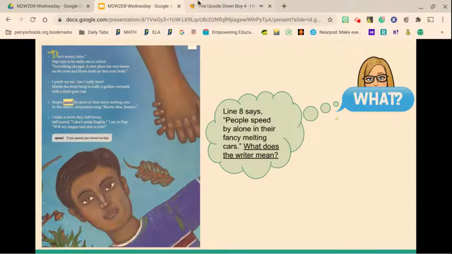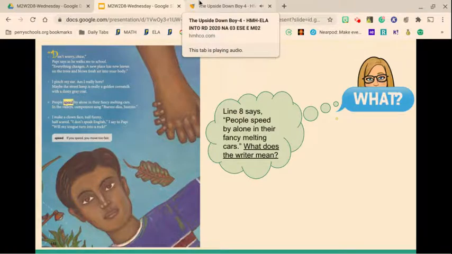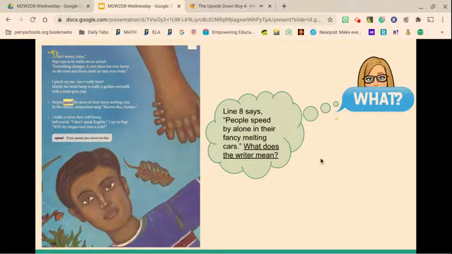Speed. If you speed, you move too fast. So while I was reading this, there were quite a few things that I just really didn't understand. Line 8 says, people speed by alone in their fancy melting cars. And I'm wondering, what are fancy melting cars? I have never seen a car melt, so I'm not really sure what this means.